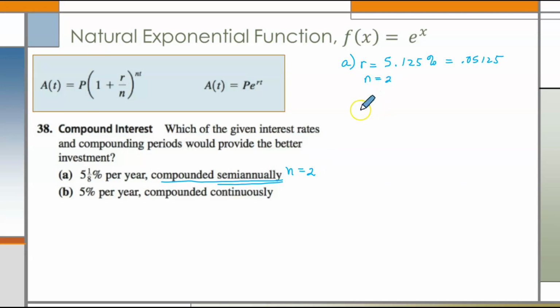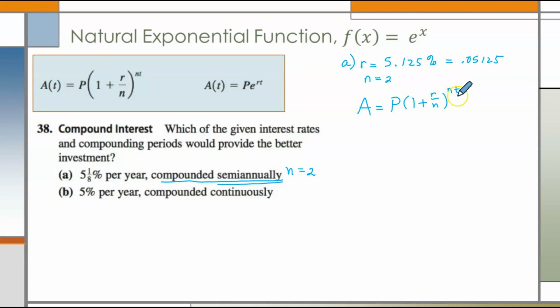So I know I have to go to the N, the formula involving N, which is P times 1 plus R over N raised to the NT. Notice we can plug in R, our interest rate. We can plug in N, our compounded semi-annually. And then it says which of the given interest rates and compounding periods would provide a better investment.